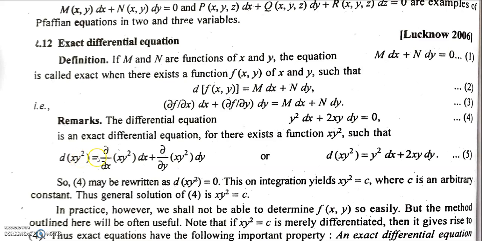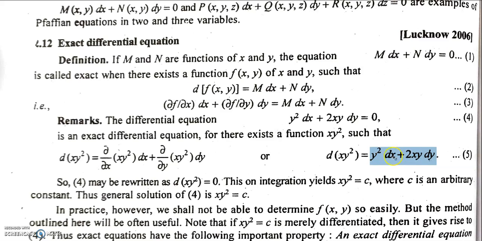By this property we can write del x of x y square dx plus del y of x y square dy. Taking the partial derivative with respect to x, we get y square, so y square dx plus twice xy dy. We are writing d of x y square, so this equation can be written as d of x y square. That is why it is an exact differential equation.